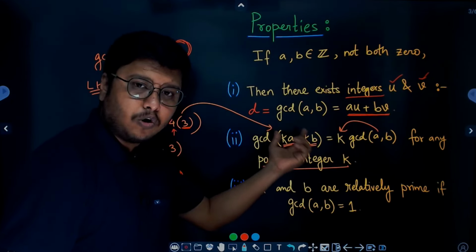If they have no integer other than one common, then those two numbers are relatively prime. For example, 1 and 3 are relatively prime because the GCD is 1. Now we might ask whether, for two integers to be relatively prime, the two integers have to be prime numbers themselves. Well, the answer is no, not required.